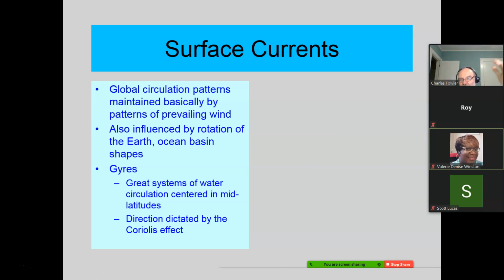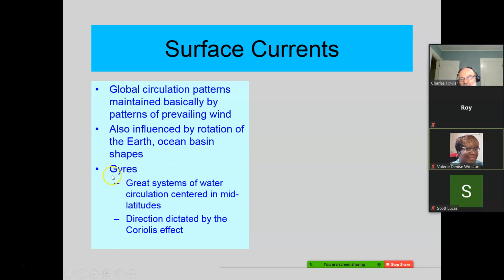If you have some real deep places in the ocean, then sure enough, the water's going to go down into those, and the shape of the ocean basin will also influence those currents. Even the surface currents. Okay, wind is the largest.